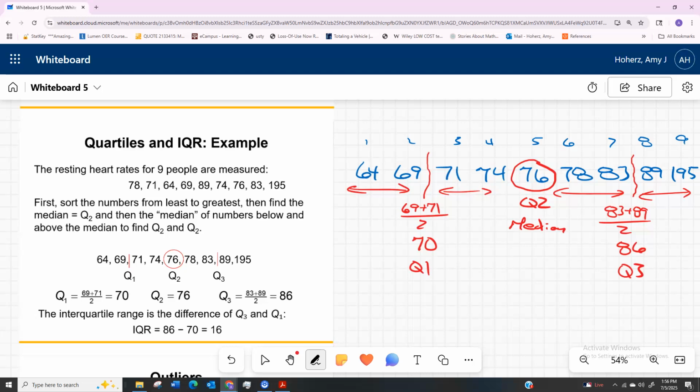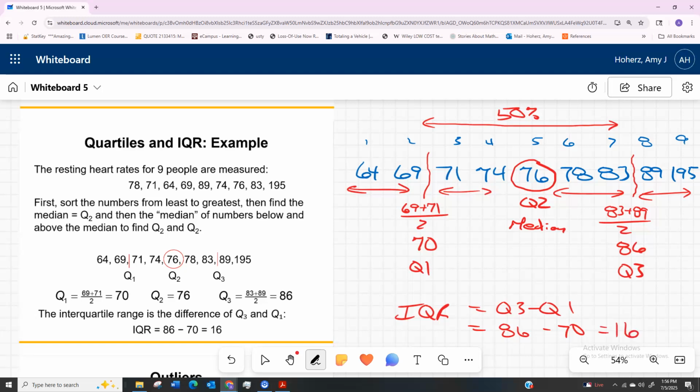So in this case, instead of looking at all of the quarters, we could say, well, roughly 50% of the data is between 70 and 86. And so the interquartile range is the Q3 minus the Q1, which in this case is our 86 minus our 70, which means our interquartile range comes out to be 16.